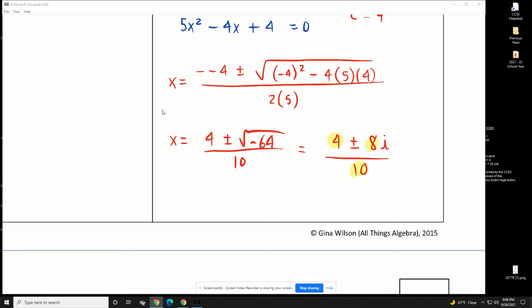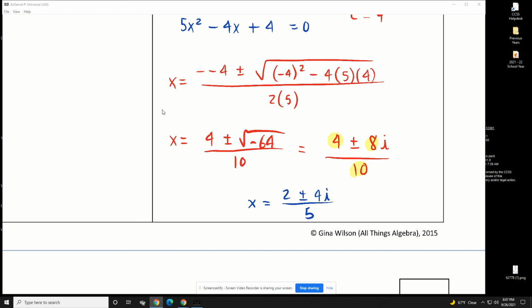What would 4 divided by 2 equal? 2 plus or minus. What would 8 divided by 2 equal? 4i divided by, what's 10 divided by 2? 5. So on an ACT test or EOC test, this is how they would have it, as 2 plus or minus 4i divided by 5.